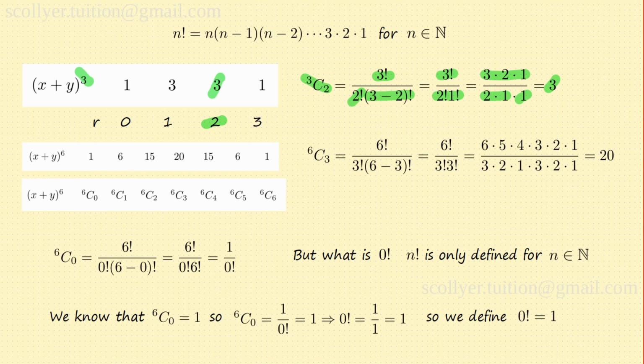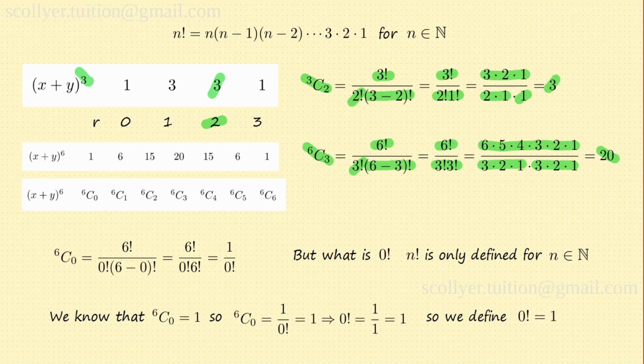From the definition, 6C3 is 6 factorial over 3 factorial times 6 minus 3 factorial, which becomes 6 factorial over 3 factorial times 3 factorial. 6 factorial is 6 times 5 times 4 times 3 times 2 times 1. 3 factorial is 3 times 2 times 1, and that simplifies after a little arithmetic to 20.